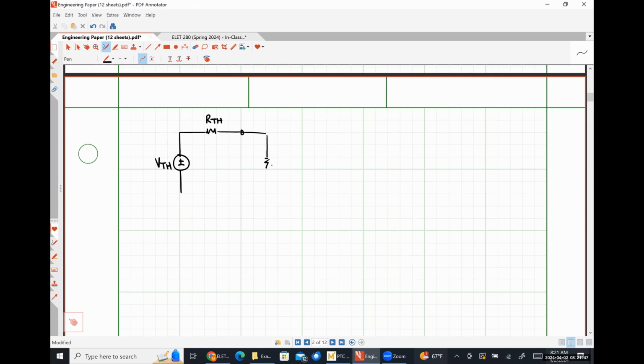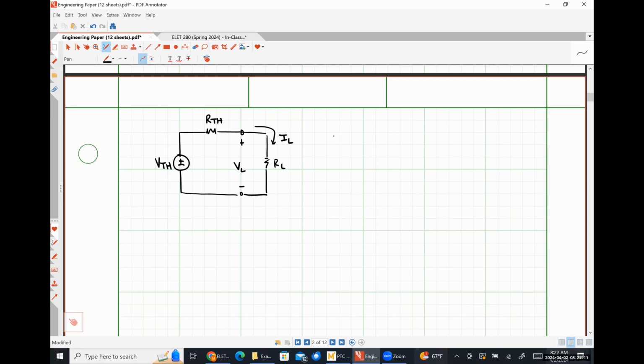And then over here is my load resistance, RL. I'm going to call this voltage drop VL and this current IL.